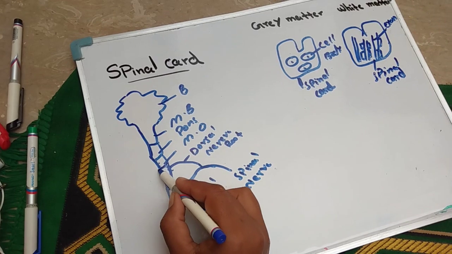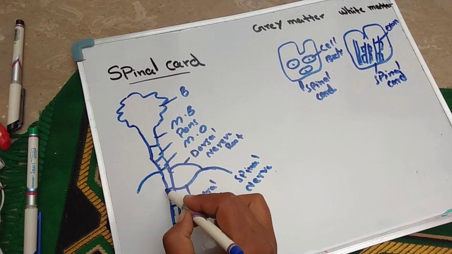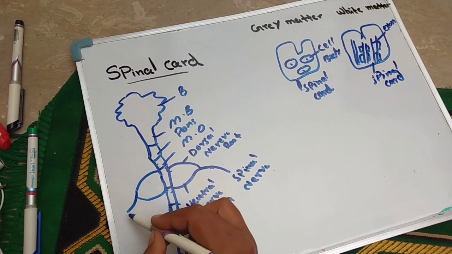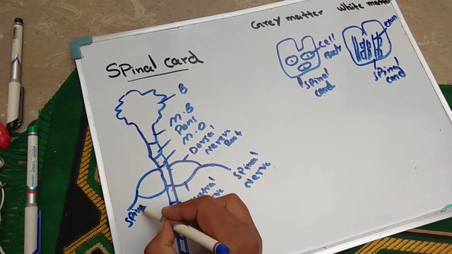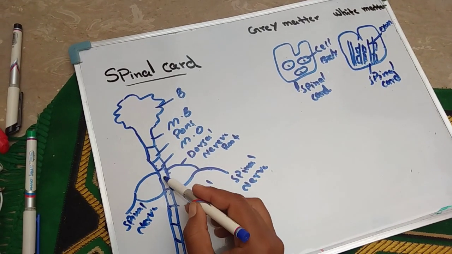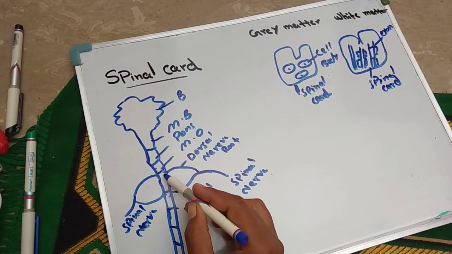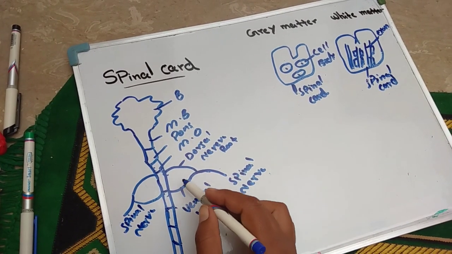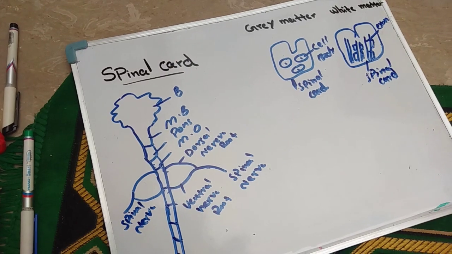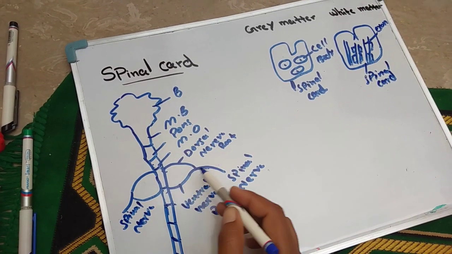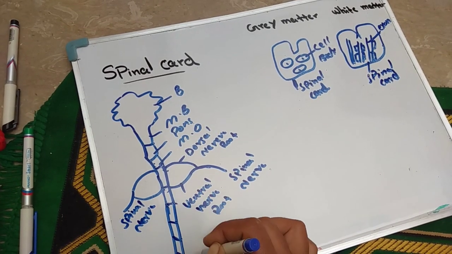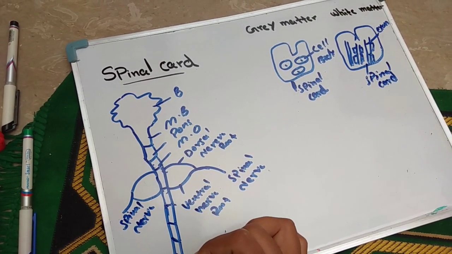Here, one is from the dorsal side of the spinal cord, the other is from the ventral side, and they join to form a spinal nerve. So each vertebra of the spinal cord has one pair of spinal nerves. So 31 pairs of spinal nerves originate from the spinal cord.